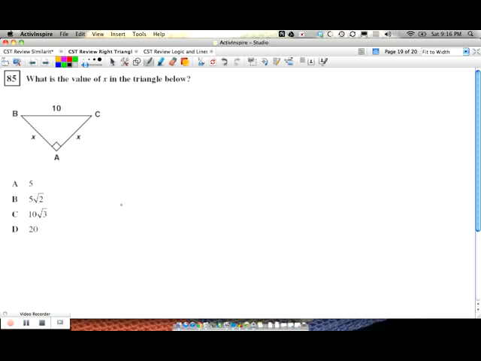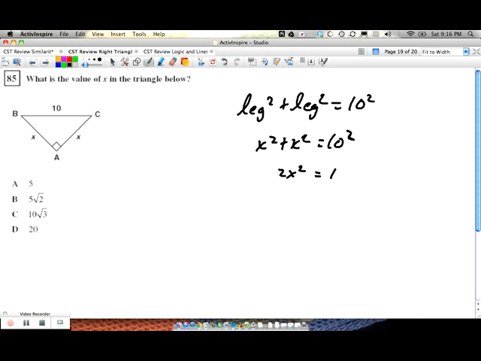What is the value of x in the triangle below? Ooh, this is interesting. Let's do it the shorter way though, because we got leg squared plus leg squared equals 10 squared, which is the hypotenuse. And I know that these two legs are the same thing, so that's x squared plus x squared equals 10 squared. Another way of saying that is 2x squared equals 100.